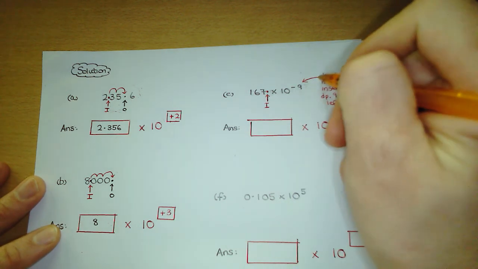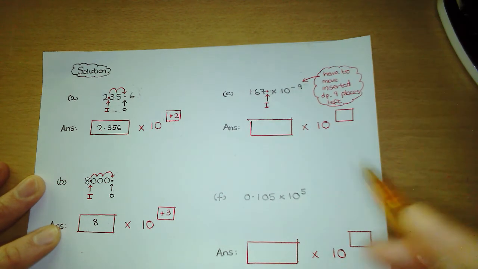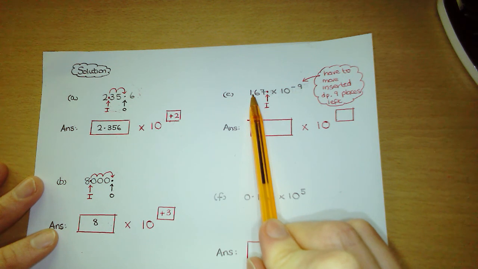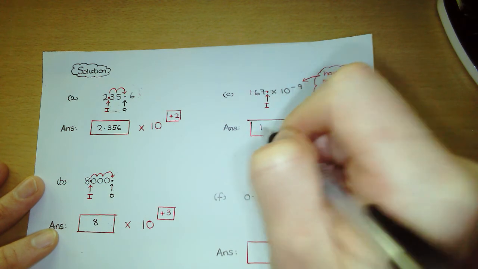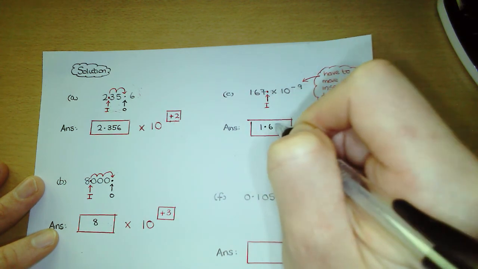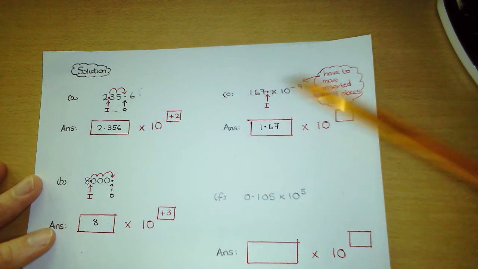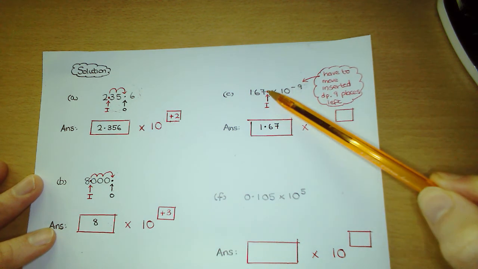But it's not in standard form. The inserted decimal point should actually be between the 1 and the 6. So when we're correcting it and putting it in standard form, it should actually be 1.67. Now, here's the nasty bit. Where this person had the inserted decimal point, they then have to move it 9 places left.